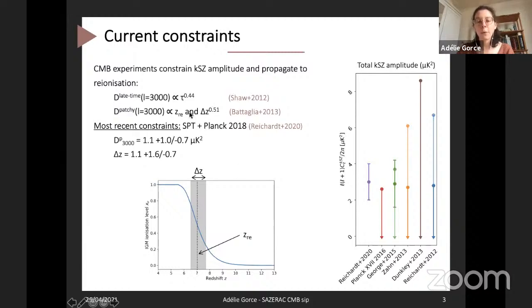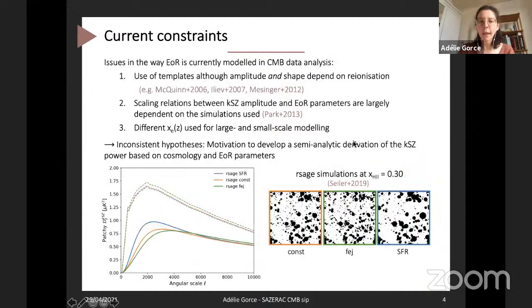That's, for example, what's been done most recently by the SPT team, which find, combining Planck and SPT data, a constraint on the amplitude of the patchy KZ, and they deduce a constraint on the duration of reionization from this. However, there are a few issues with this approach, and we tried to do something that is more precise.